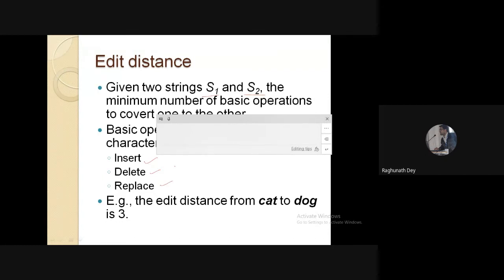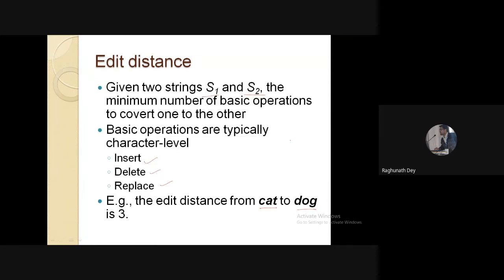Between the two strings S1 and S2, if you are going to compare with the help of edit distance, how can you do that? By calculating the number of insertions, deletions, or replacements, done with every character of the two strings. Take an example, cat and dog.